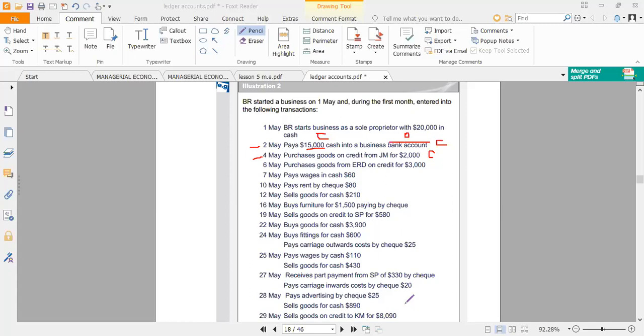A document that is produced for having proof and evidence that the goods have been delivered is called a delivery note. Whenever we sell goods, we call them sales. Whenever we buy goods, we call them purchases.